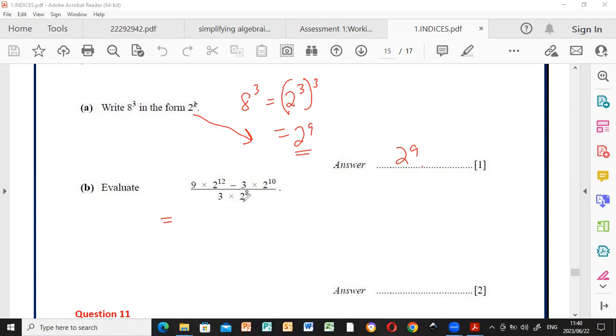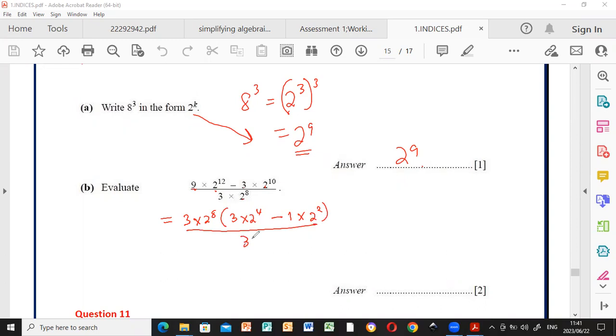And on this one, which requires evaluation, we rather factorize the numerator. There's a 9, there's a 3, so let's factor out 3. We have 2 to the power of 12, 2 to the power of 10, but here there's a 2 to the power of 8, so let's just factor out 2 to the power of 8. 3 into 9, we get 3, and 2 to the power of 8 into 2 to the power of 12, we get 2 to the power of 4. Minus, the 3 cancels, so you get 1 times 2 to the power of 8 into 2 to the power of 10, we get 2 to the power of 2.